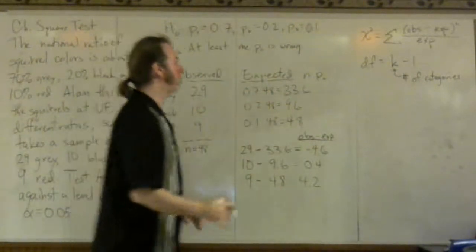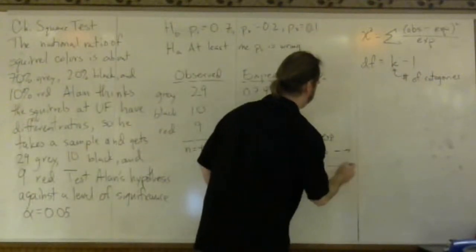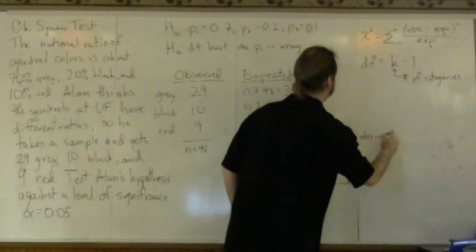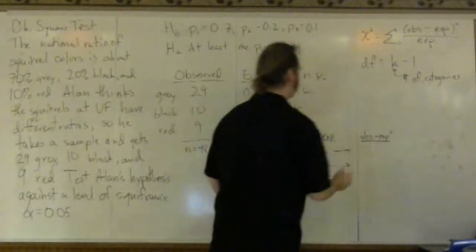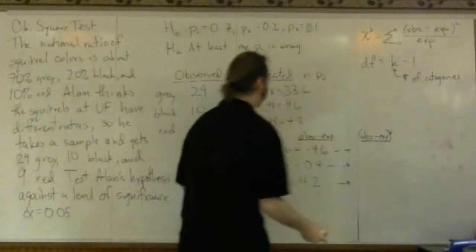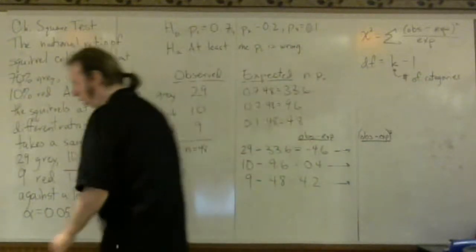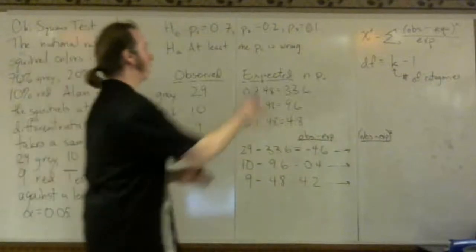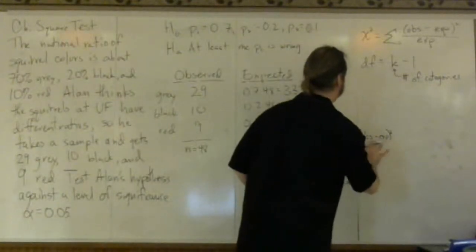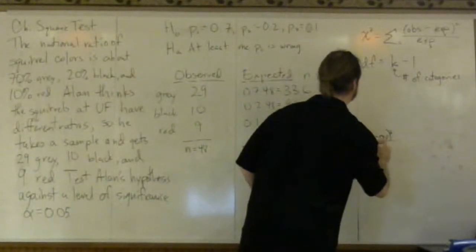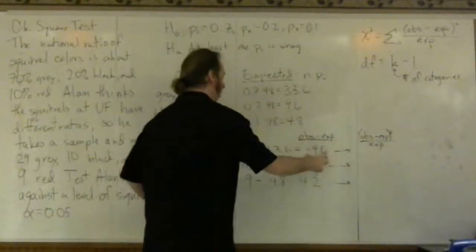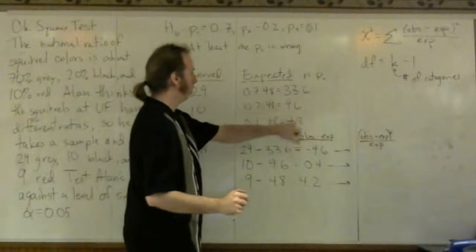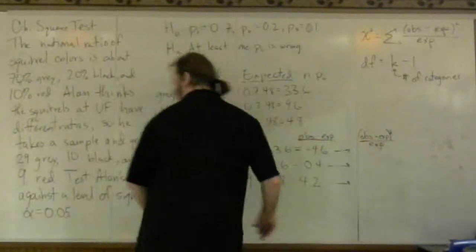I square that for each one of these, and divide by the expected value. So let me do all of that. I take each one of these, I square it, and then I divide by the corresponding expected value.